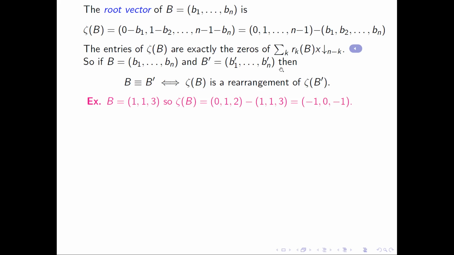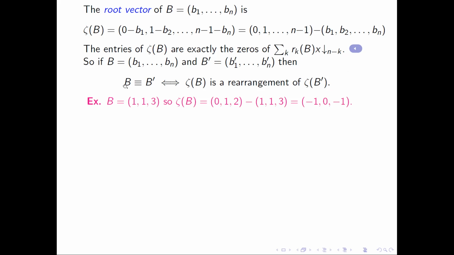That's because, look, if these two Ferrers boards have the same root vector, then that product on the right-hand side of that equation is going to look the same. And therefore, it's going to equal this sum. And therefore, the rook numbers will be the same. The coefficients, if I were to multiply out those things, will be the same. But those coefficients of the falling factorials are just the rook numbers. So that would imply that the rook numbers are the same.